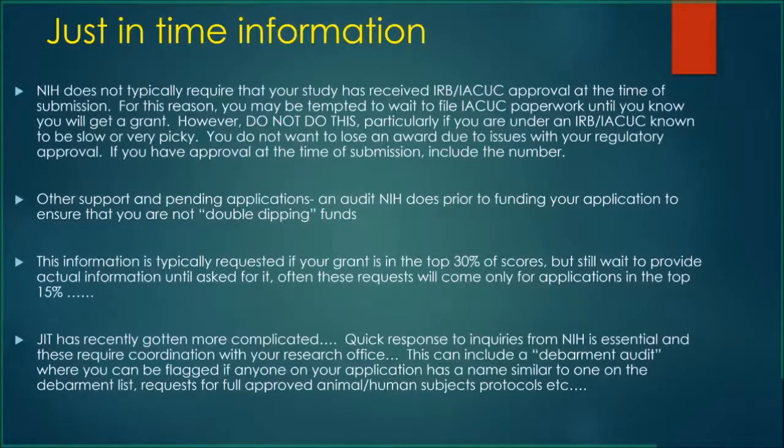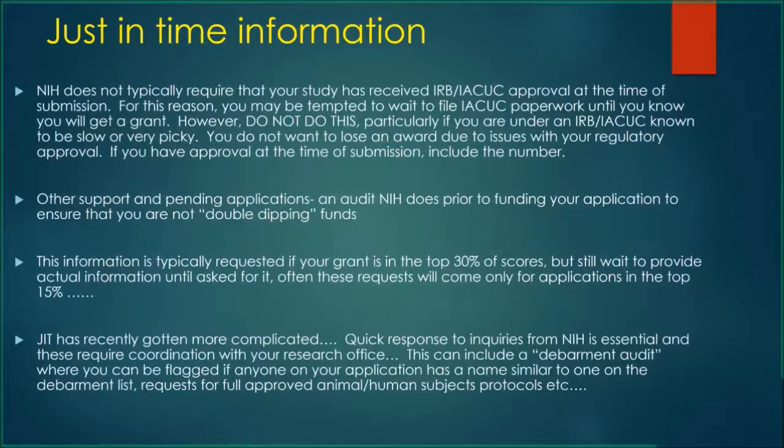However, that is a really good way to get a good grant score and not get funded. If your IRB or IACUC is slow or picky and the NIH is trying to fund your grant on a fast track because of budgetary rules, you could absolutely lose your award if your IACUC or your IRB gets held up.